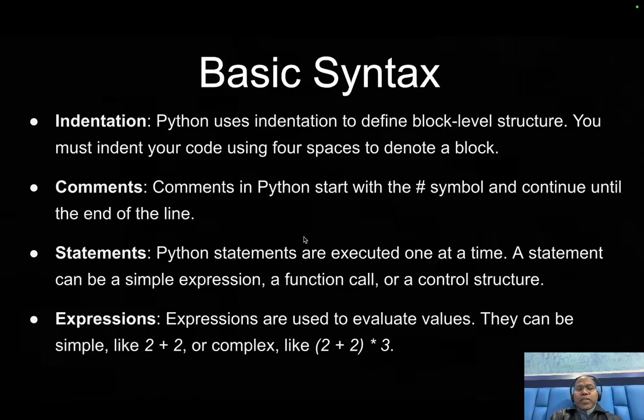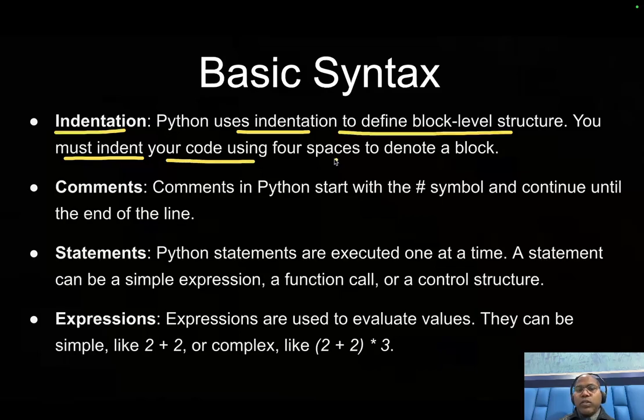Okay, so the basic syntax of Python is that it works on very rigid indentation. That means Python uses indentation to define the block level structure. You must indent your code using spaces to denote the block.